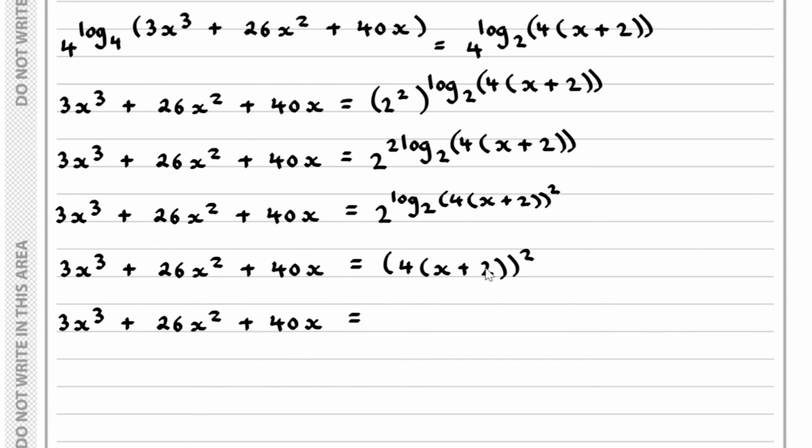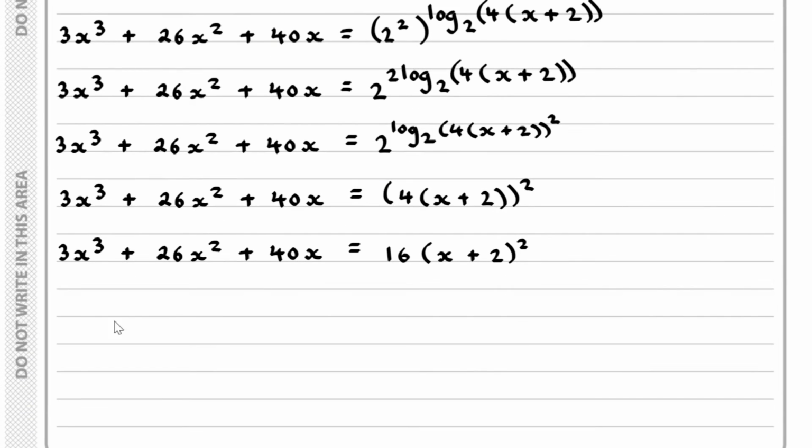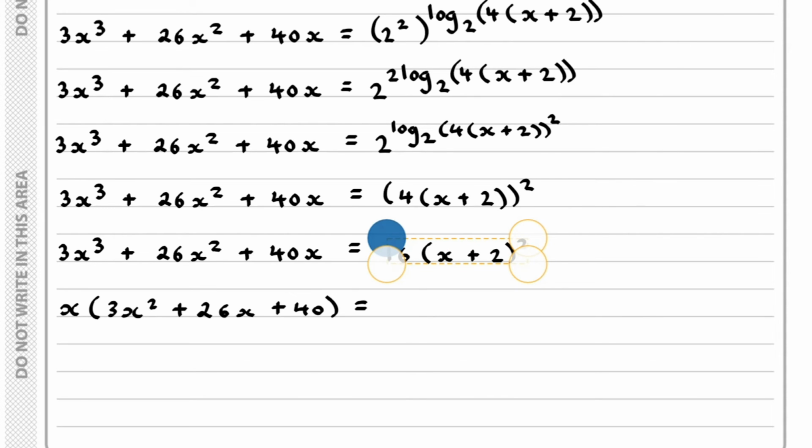So 4 to the power of 2 is 16, and then I've got x plus 2 all squared. Now on the left, I can factorize out an x, so I've got x multiplied by 3x squared plus 26x plus 40. And on the right, I still have 16 multiplied by x plus 2 all squared.